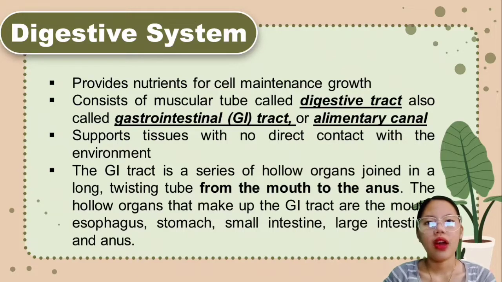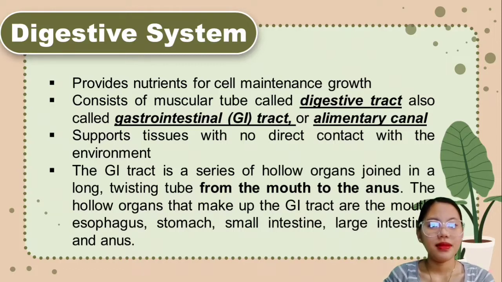The GI tract is a series of hollow organs joined in a long, twisting tube from mouth to anus. The hollow organs that make up the GI tract are the mouth, esophagus, stomach, small intestine, large intestine, and anus.